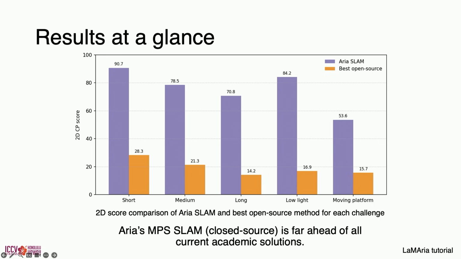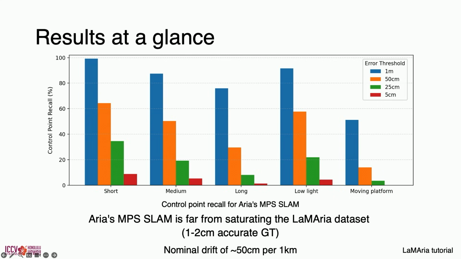As you can see, Aria MPS is far ahead of these current academic solutions, and it performs very well. But our second takeaway from this data set is that Aria MPS is still far from saturating it. As you can see, we set an error threshold of 1 meter to calculate this control point recall.